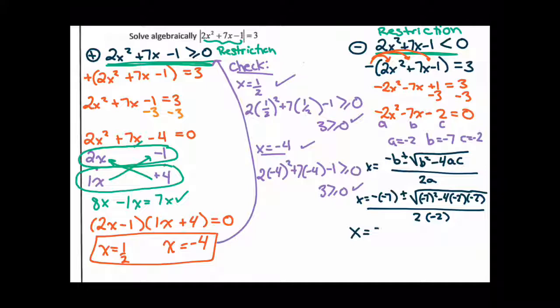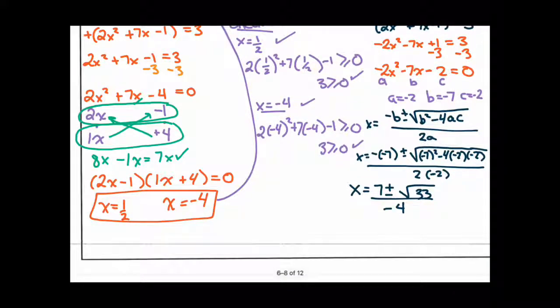So this would become positive 7 plus or minus, I'm just going to say 33 over negative 4. So then you get your two values. So you get x is equal to 7 plus the square root of 33 divided by negative 4. Or you could do 7 minus the square root of 33 divided by negative 4.